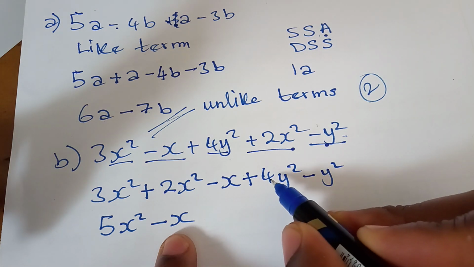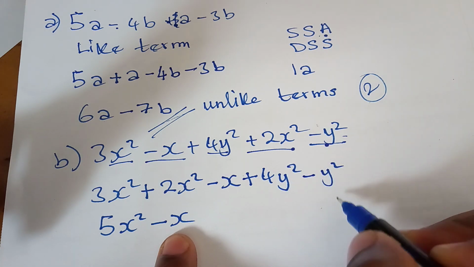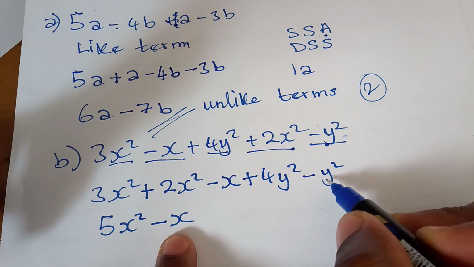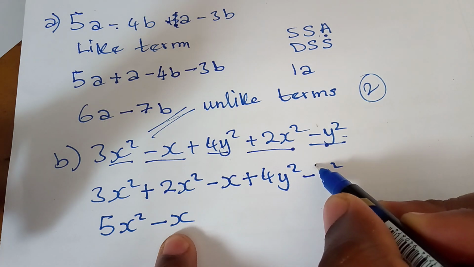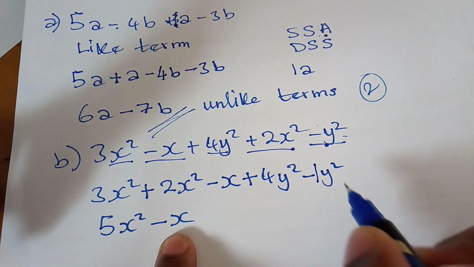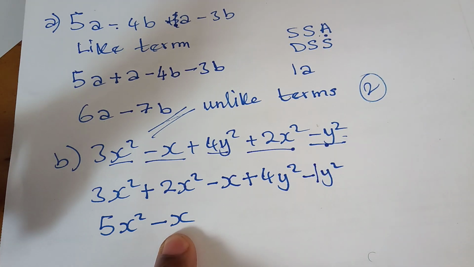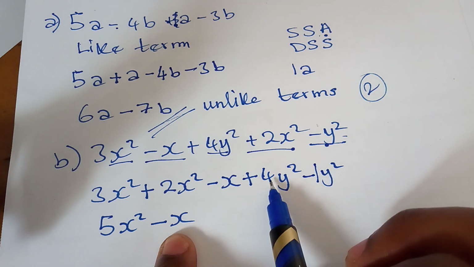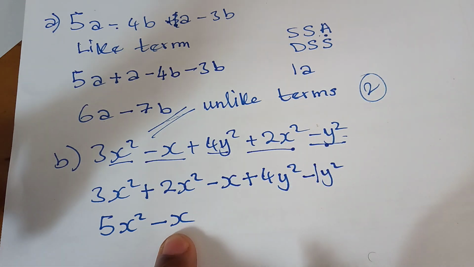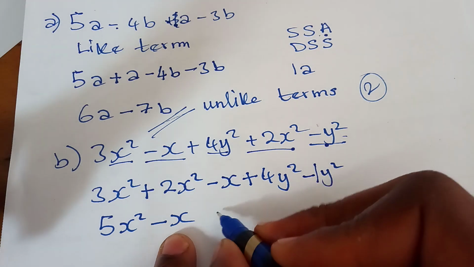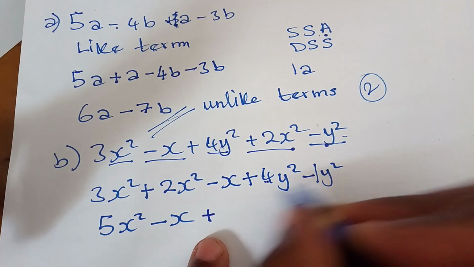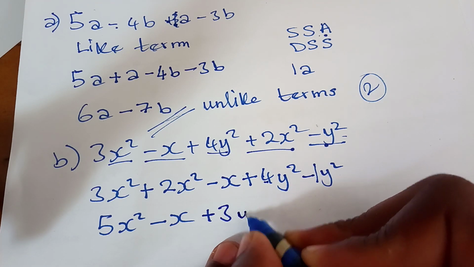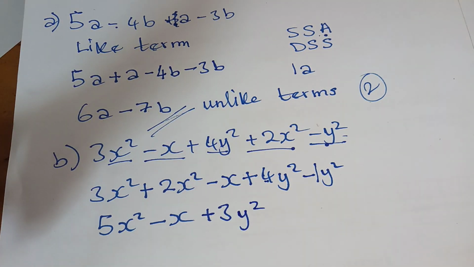And then next we have 4y squared minus y squared. Remember, when we have a y squared, it means we have an invisible one here, which we don't usually write, but you have to know that it's there. So now we can say what is 4 minus 1, or 4y squared minus 1y squared, of course. This one will be 3, and then you write the y squared like that.